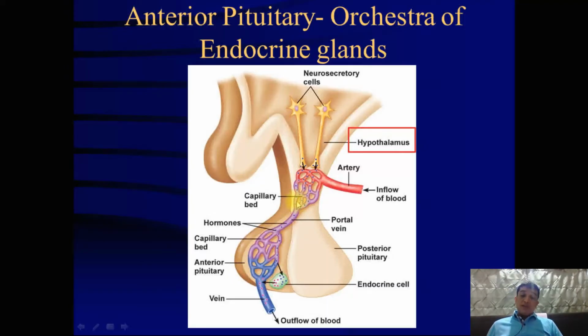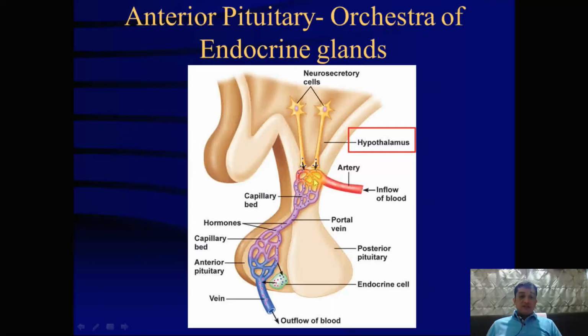Now you must be having a question: sir, what is the need of such a system? Why is this blood circulation going through a second network of capillaries? Why is there a bypass from the systemic circulation before going towards the systemic circulation? So the answer is, here there is a very important release of those hormones which you call RH and IH from the neurosecretory cells of the hypothalamus.